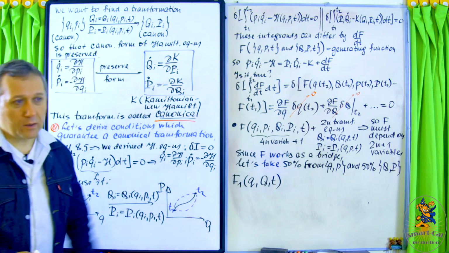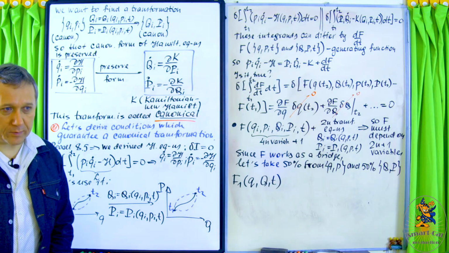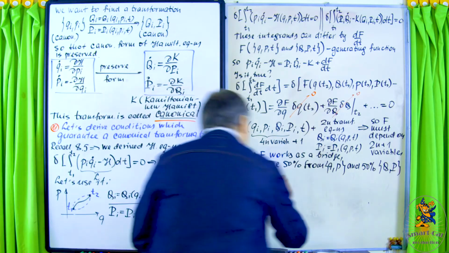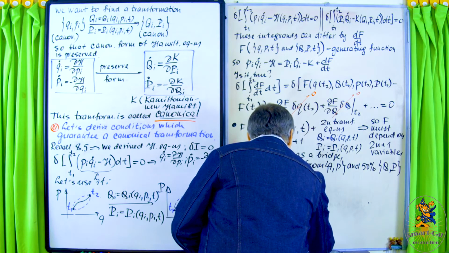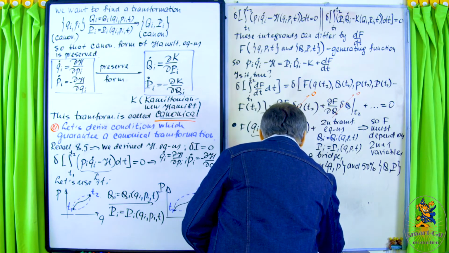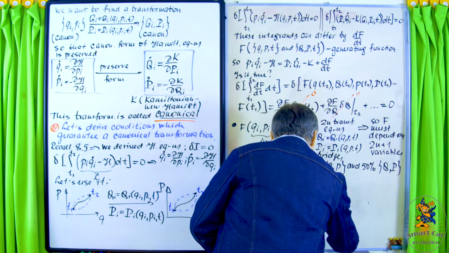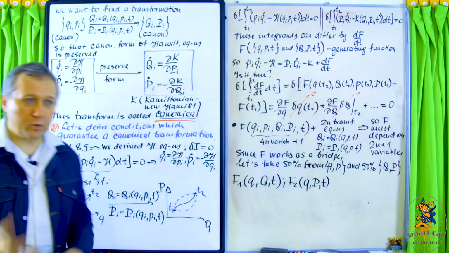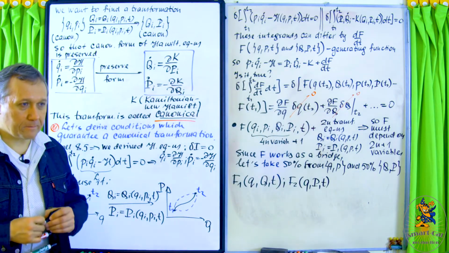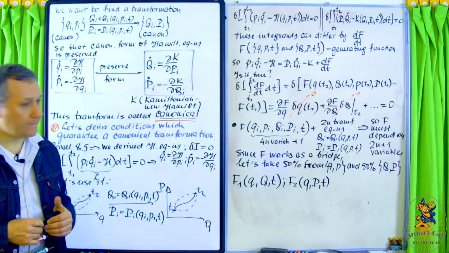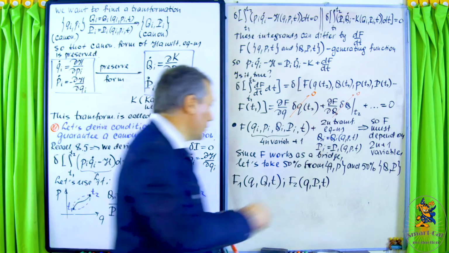So it's the generating function of the first type. Now the second type, f2. It will still be q small, but now we will take P capital and time. So now you see we're looking at all possible configurations. Then, okay, you got the logic.